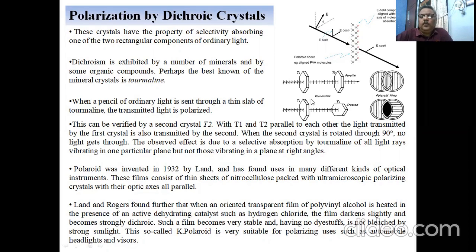So what happens exactly is, if we take two crystals having the same axis and place them in the same direction, then the unpolarized light comes in. From the first, it absorbs one component, and only the perpendicular ones come out.